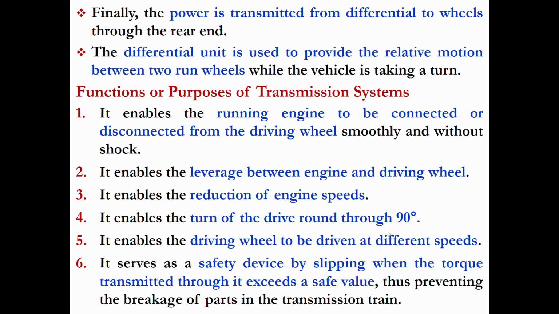Then the power is given to the differential, and from the differential it is given to the rear axle and then to the rear wheels. The differential unit is used to provide relative motion between the rear wheels. When we take a turn, for example a left turn, the left wheel will reduce its speed, but that reduction in speed must be compensated by an increase in speed of the right wheel.